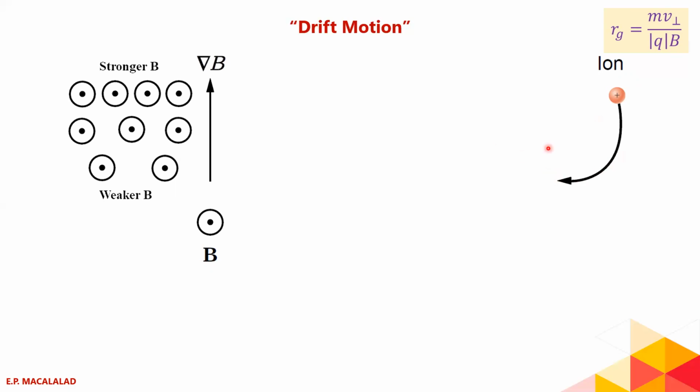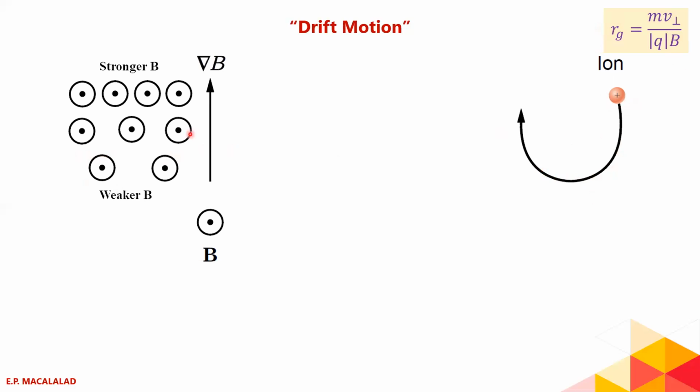And remember that this charge will still continue to move in a circle. It's just that the magnetic field strength will vary in each region. So as the charge moves in a circle in the region of weaker magnetic field, it will circle around a certain guiding center with a larger gyro radius.